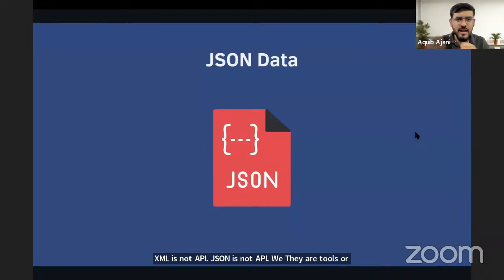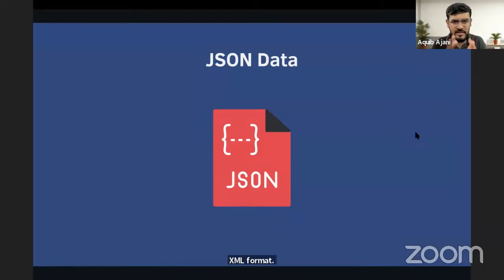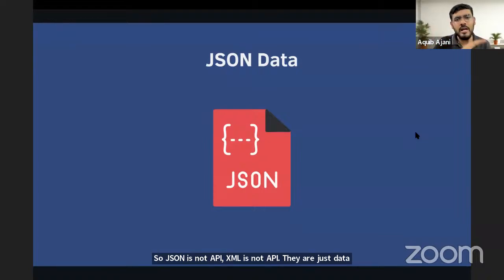The communication that is happening, that communication is called API. And the data that is being sent for this communication is sent either in JSON format or in XML format. So JSON is not API, XML is not API. They are just data formats to transfer data during API communication. So very different things.